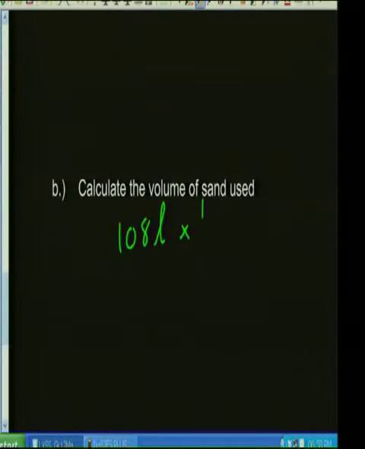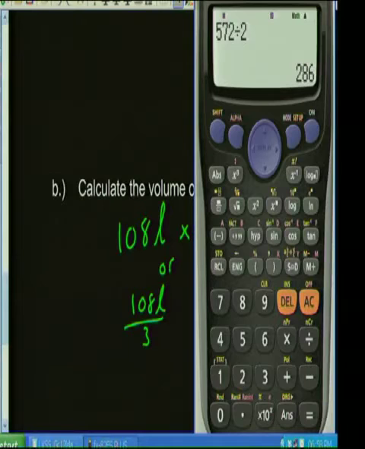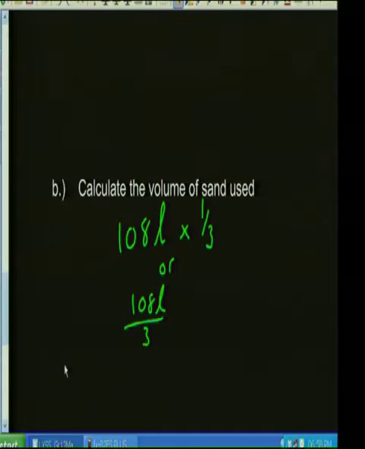So we're going to say, right, we only want a third of that. So 108 times a third. Or we could actually say, what about us saying 108 divided by 3? Same thing, folk. So out comes our calculator, and we're going to say, right, we've got 108, we're dividing it by 3 because we only want a third, and we get 36 liters.